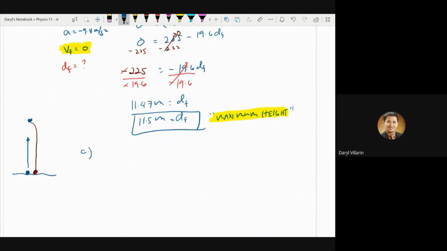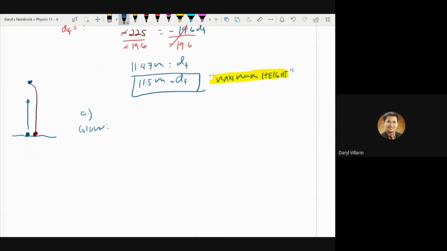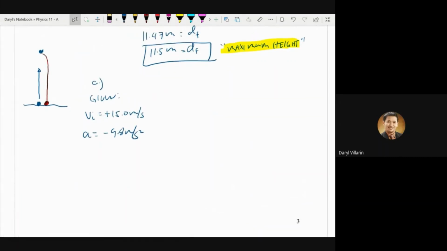Well, again, you can write all the quantities that you know of. You know that the initial velocity is given at positive 15.0 meters per second. The acceleration will always be negative 9.8 meters per second squared. And what do you think would be the position of the object?